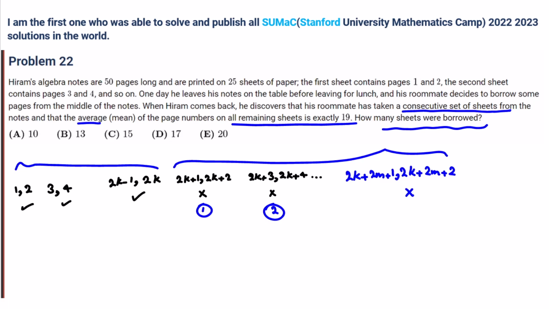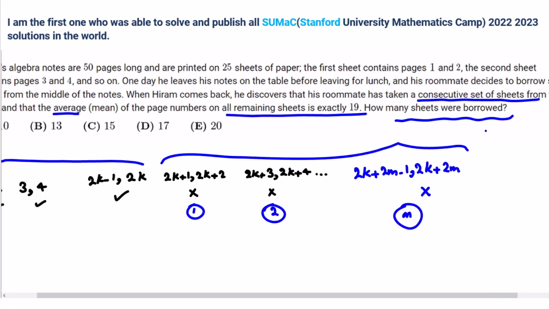Yeah. Exactly, because it is 2 times m, it is 2 times 0. So, because I want to reach m, so I say 2m minus 1 and 2m. So if I write 2m minus 1, it would be mth page, right? Oh, yeah, yeah. Then we should find m, right? And the problem wants m.